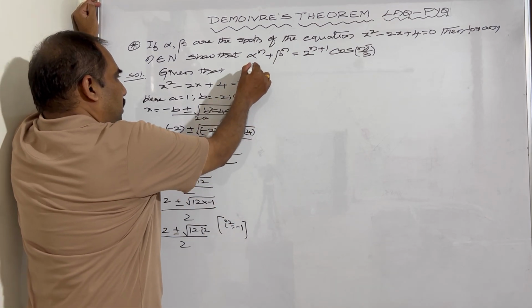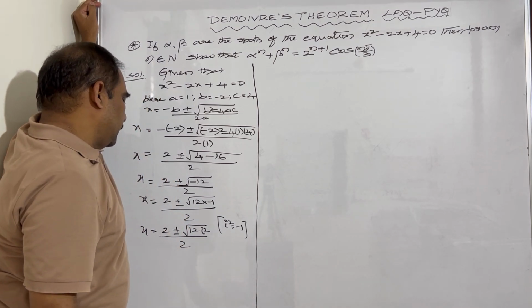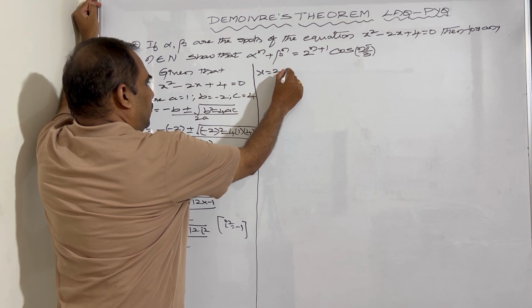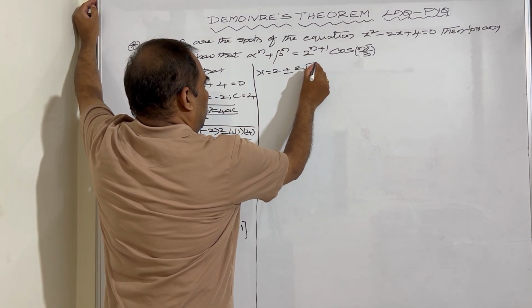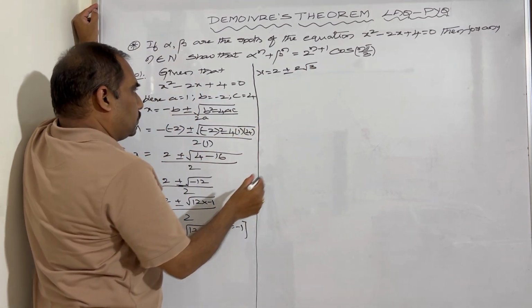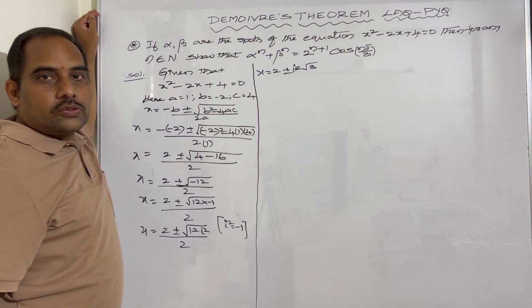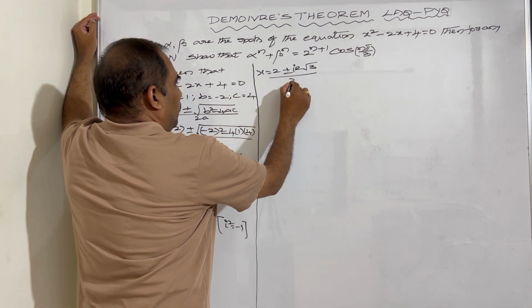Root 12 can be written as 2 root 3, and root i square is nothing but i. So root 12 i square can be written as i into 2 root 3, whole divided by 2.